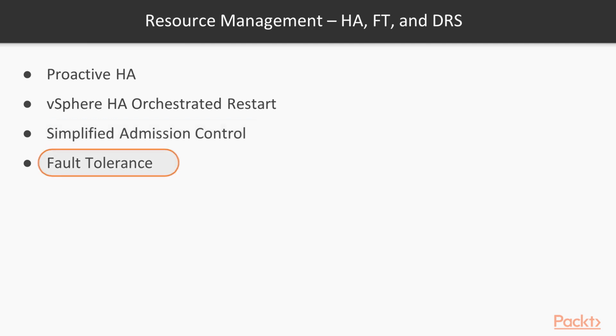Let's now look at fault tolerance. In fault tolerance, as is available in vSphere 6.5, it is much more integrated with DRS, which allows better placement decisions to be made, because it is also based on the available network bandwidth and the data store on which to place those secondary VMDK files.